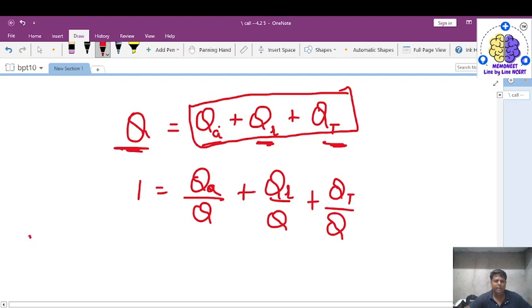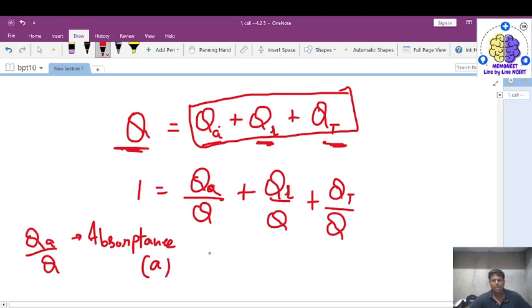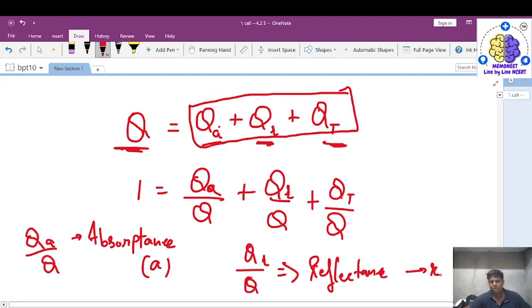So this QA upon Q is known as absorptance and is represented by small a. Whereas this QR upon Q is known as reflectance and is represented by small r.